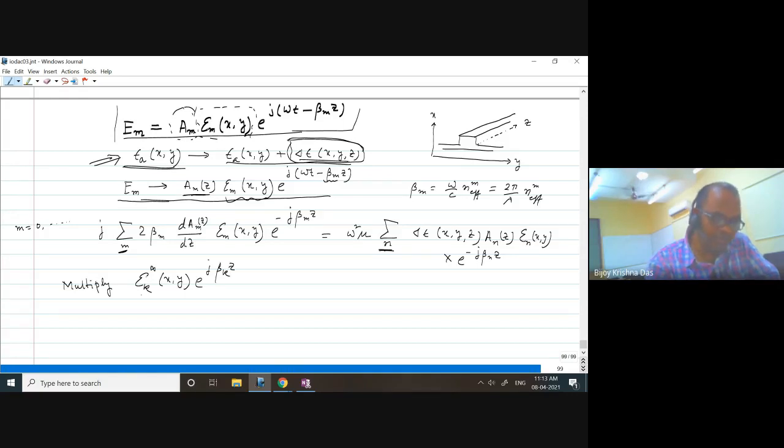So if I take the kth mode, that means instead of m, I will be writing k, and instead of beta m, I will be writing beta kz. And if I am taking the complex conjugate, that means ek star, and instead of minus j beta mz omega t, which I am omitting from both sides, I will be writing plus j beta kz. I just multiply this both sides.